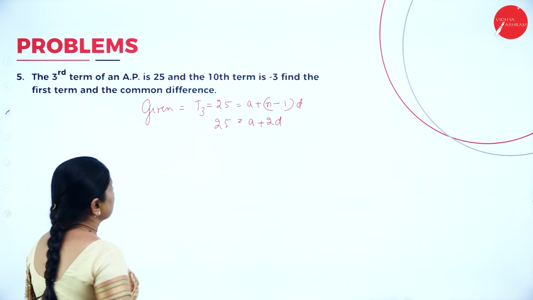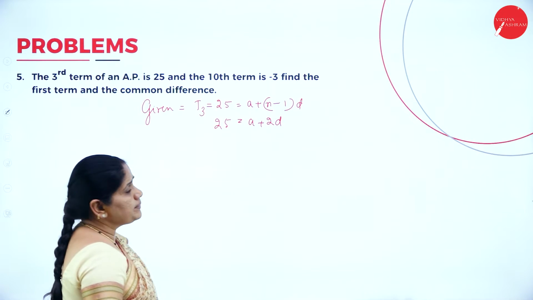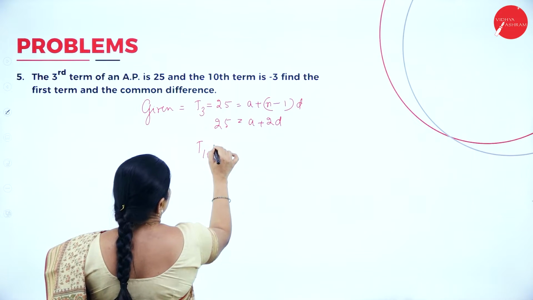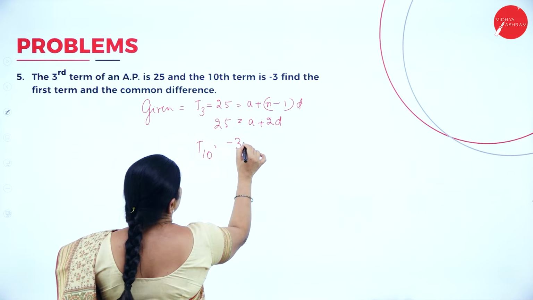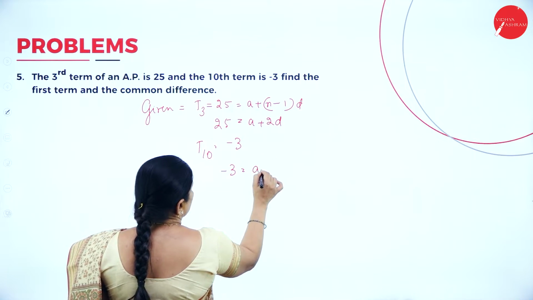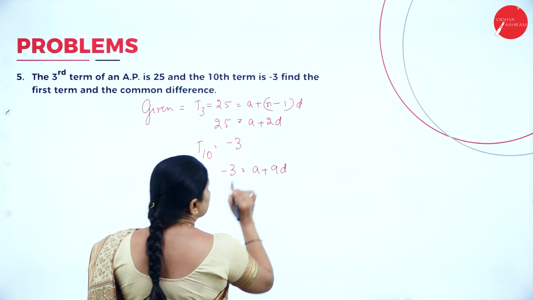Now they have also given the 10th term is minus 3. So T10 equals minus 3.